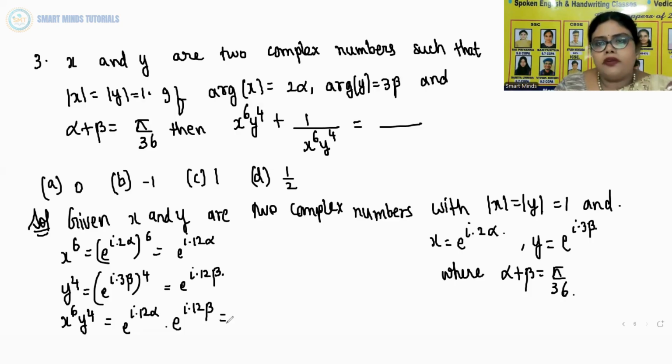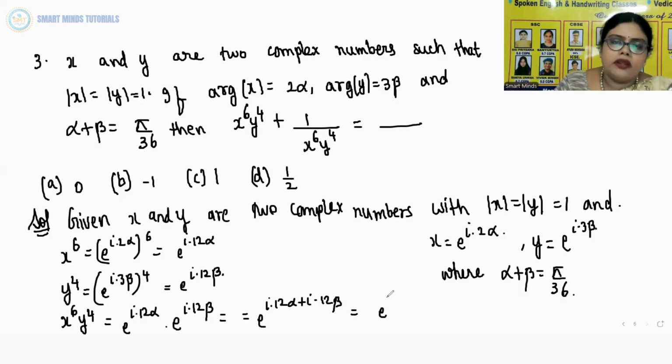So a power m into a power n is a power m plus n. So we can add the powers. E power i into 12 alpha plus i into 12 beta. If we take i into 12 common, we get alpha plus beta. But in the question, alpha plus beta is given as pi by 36.